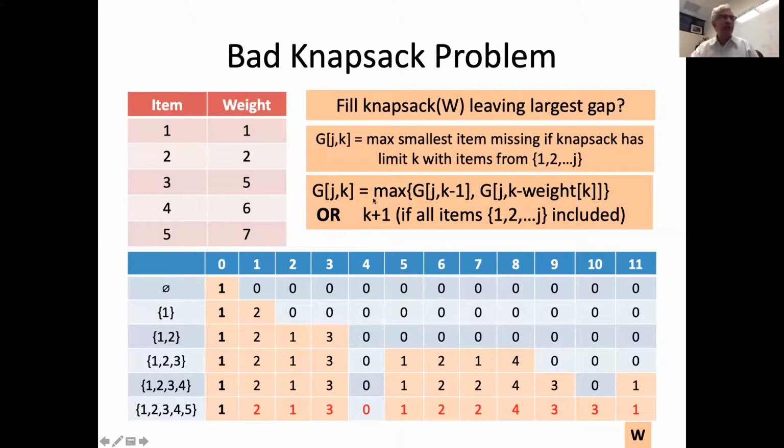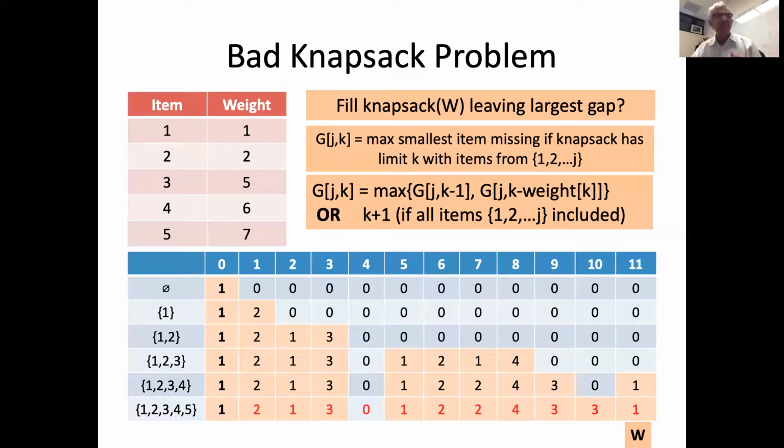Or I'm going to take the next item. If I have to take everything so far, then I'll pick K plus 1, which is what I did in some of those rows. I know you're staring at it, so let me see if I can explain. Of course, this entry here, G of J minus 1, K, is the entry in the previous row.